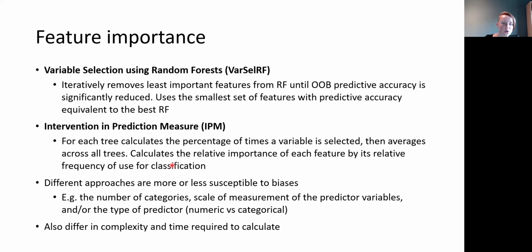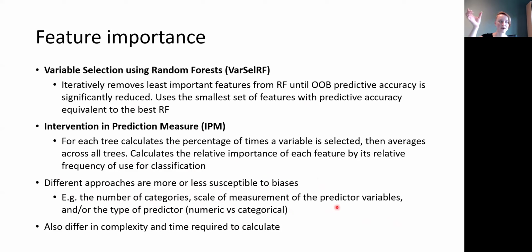The choice of approach to this will vary depending on some different factors. Different approaches are more or less susceptible to different biases. So some of these assign more importance to variables that have larger numbers of categories as an option, or may be more influenced by the scale of the measurement of any particular variable.